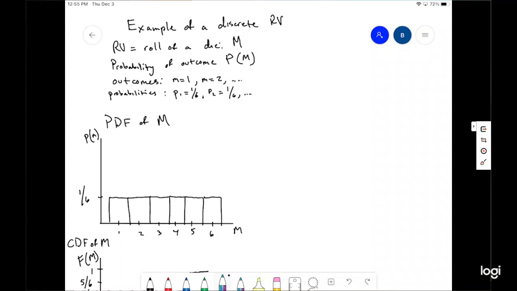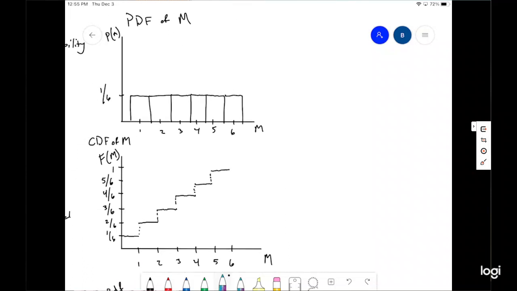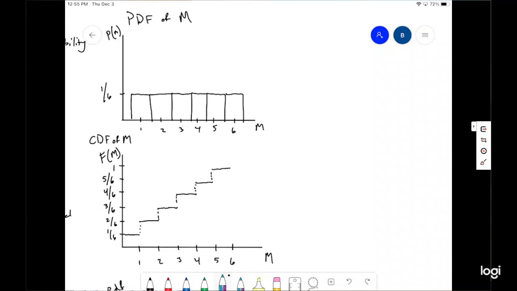So the PDF of the capital M is in the graph here. For every possible outcome, 1 through 6, the probability of attaining that outcome is 1/6. So it's just a histogram or a bar chart of 1/6 for all 6 outcomes. The CDF is the probability that we get something less than or equal to any of these outcomes. So for example, we might take the probability that the roll of the die is less than or equal to 4.